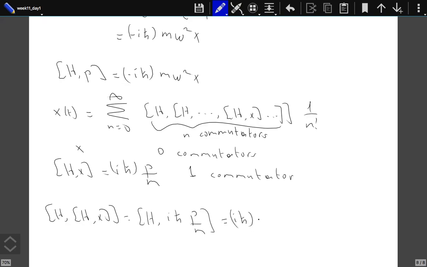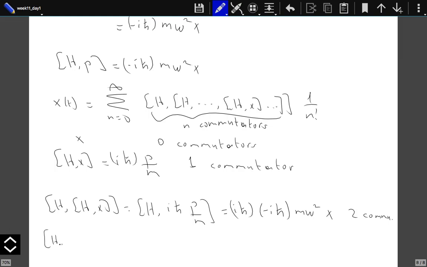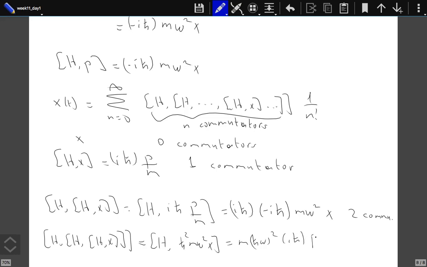This is i h bar times minus i h bar m omega squared x. This is 2 commutators. Well, if I have hx, this will be equal to h times h bar squared m omega squared x. This is m h bar omega squared. H commutator with x is i h bar p over m. So this is 3 commutators.